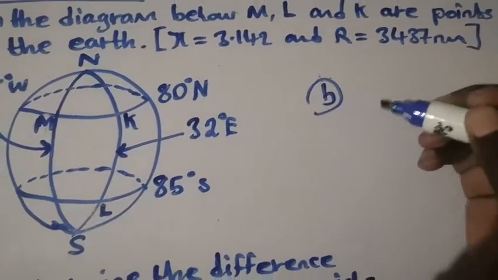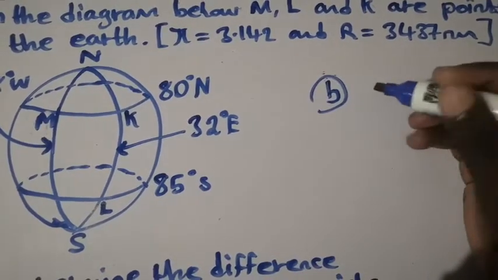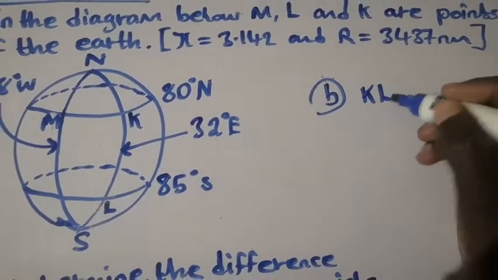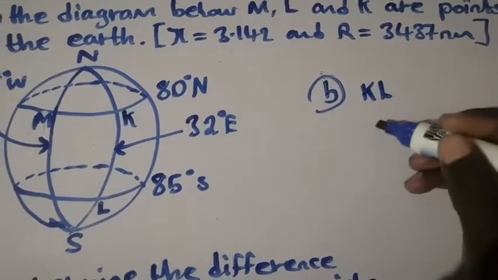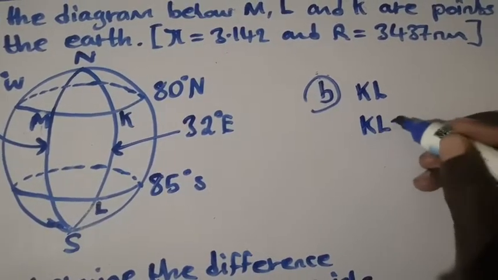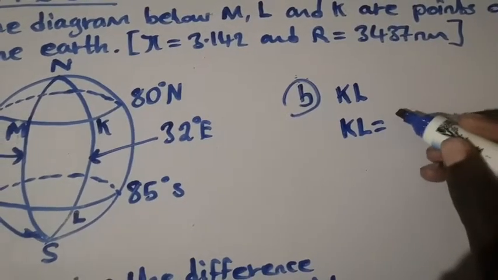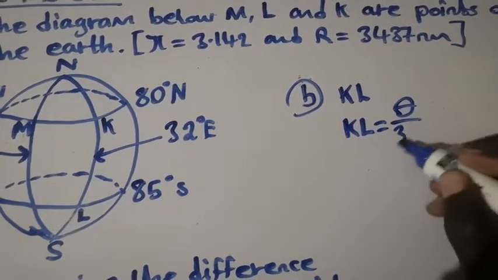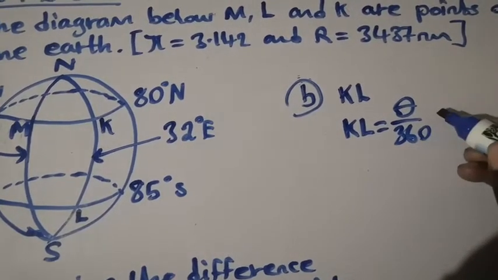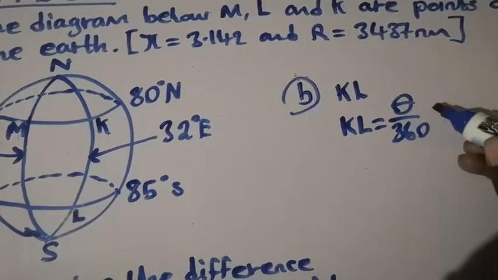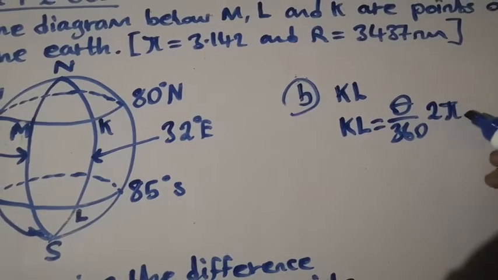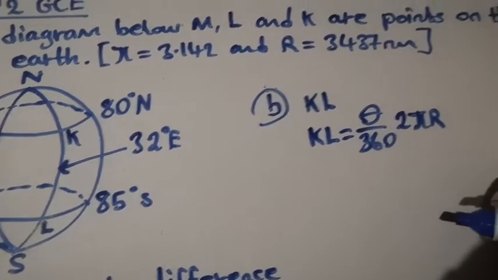In the great circles, the formula used is theta over 360 times 2 pi r.